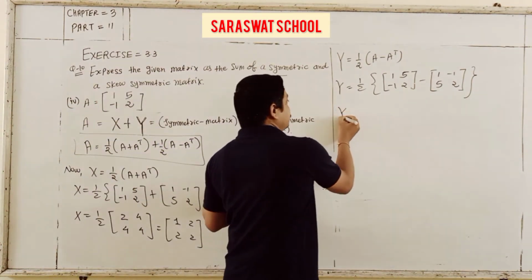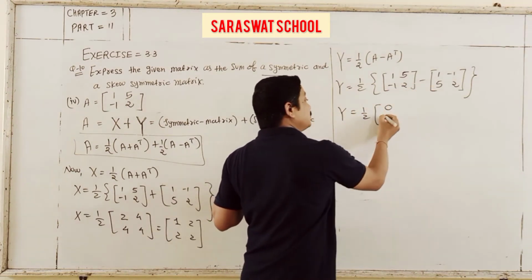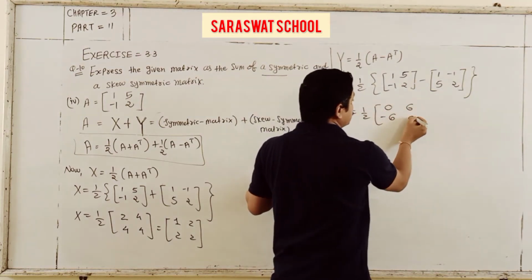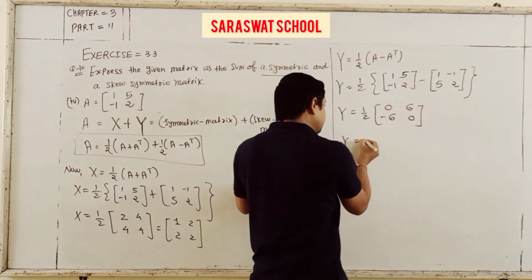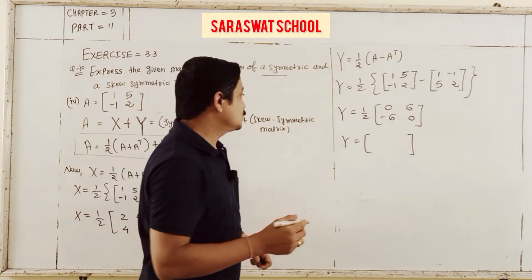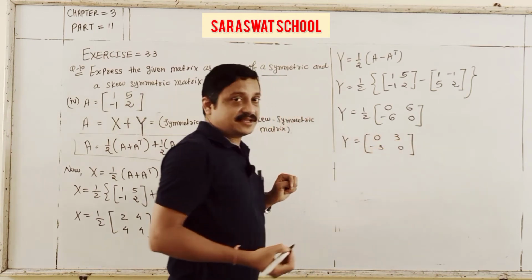So Y becomes very easy: 1 minus 1 is 0, minus 1 minus 5 is minus 6, 5 plus 1 is 6, and 2 minus 2 is 0. So my answer is just divided by 2: 0, 3, minus 3, 0.